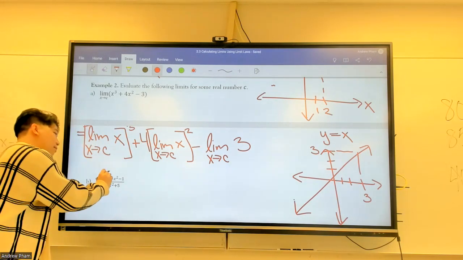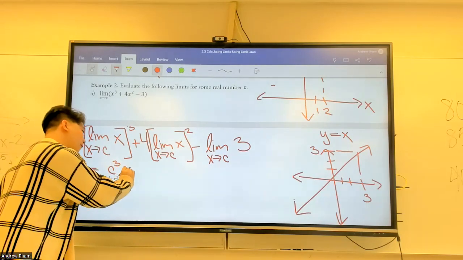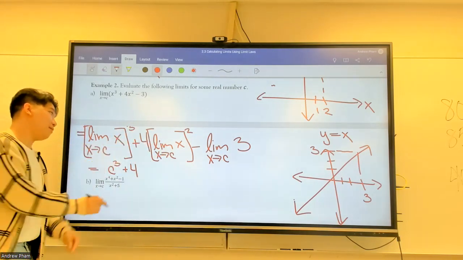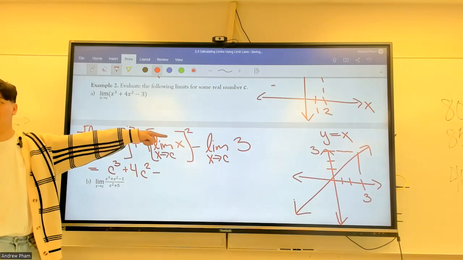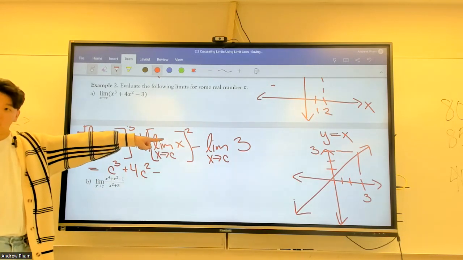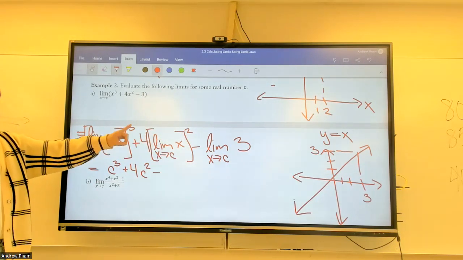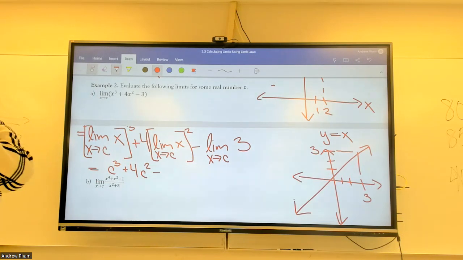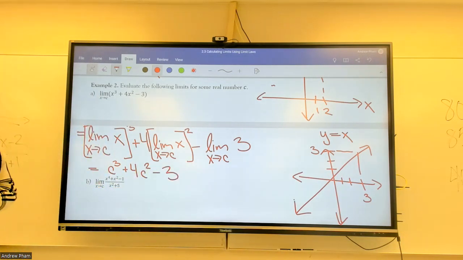So this whole thing is c cubed plus 4 times c squared minus 3c. Remember, what is the limit of a constant? It's that same constant, right? In this case, it's 3. Well, that's my answer.